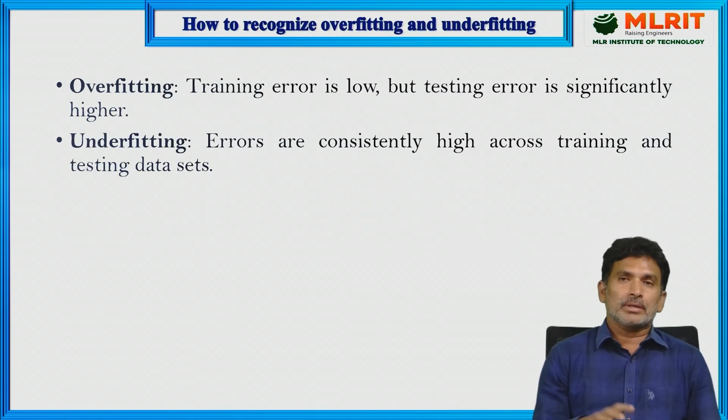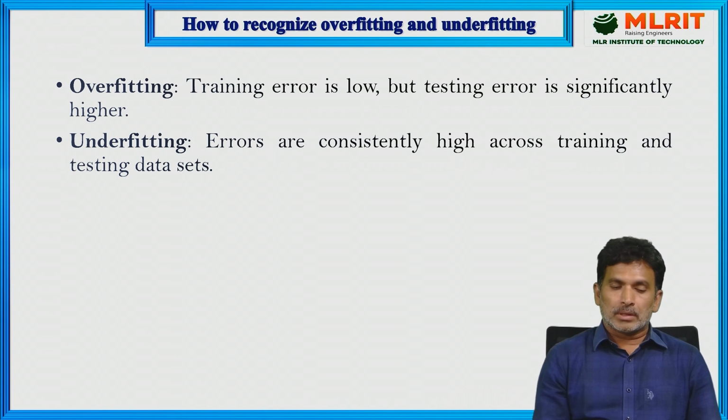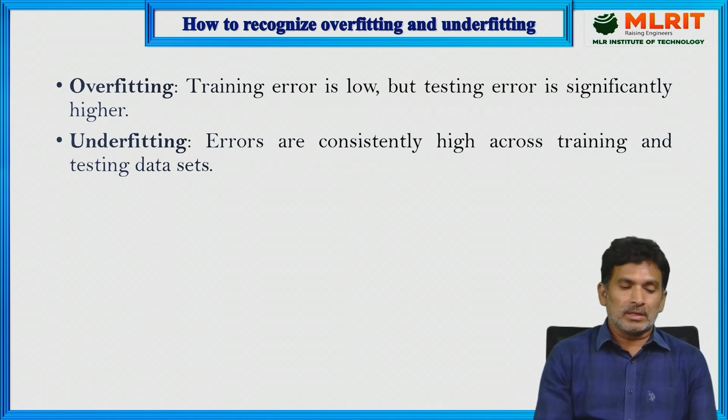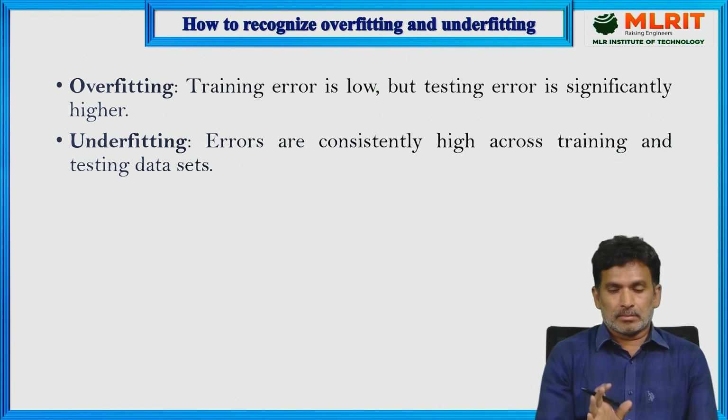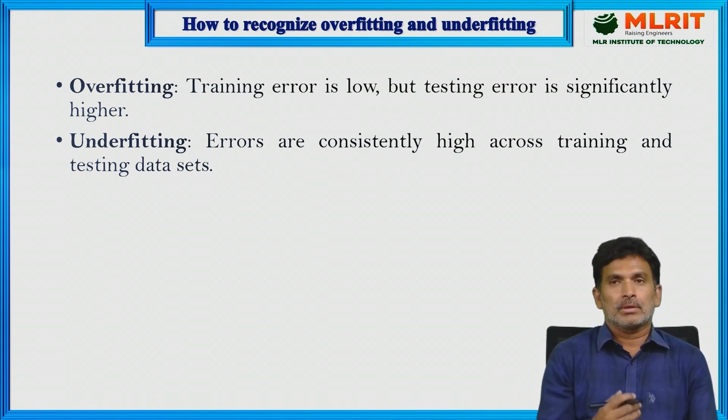So how do we recognize overfitting and underfitting? As I said, in overfitting the training error is low, which is very good, but the testing error is significantly higher. If you observe such behavior in any model, we say that it is an overfitted model.